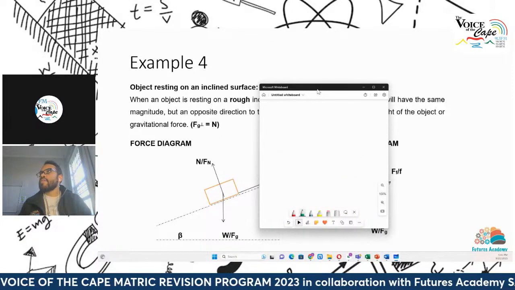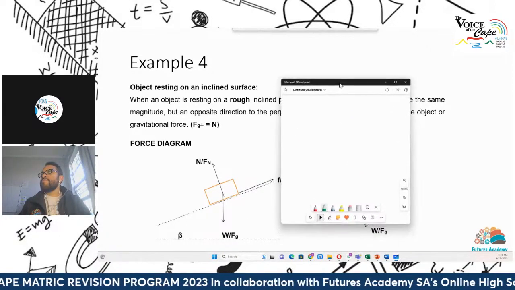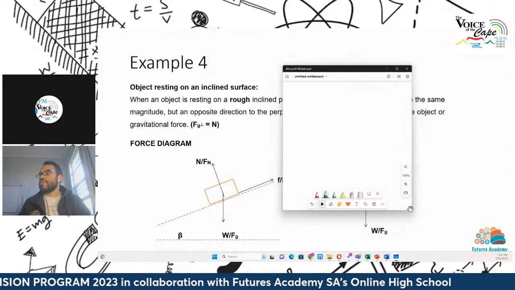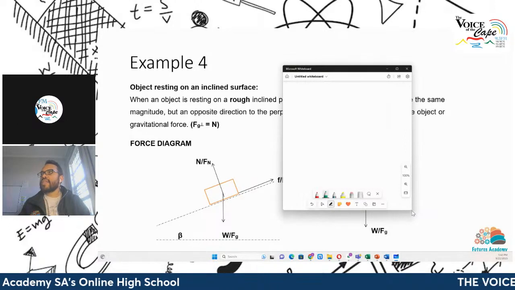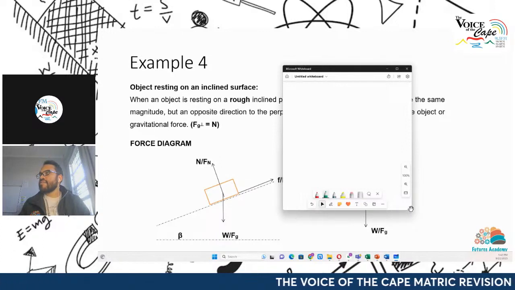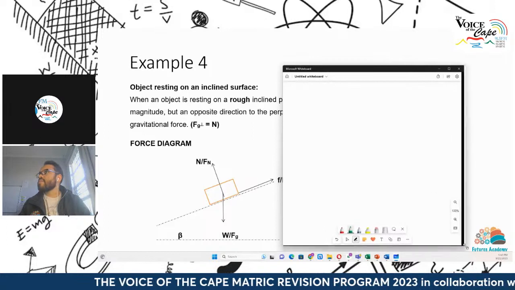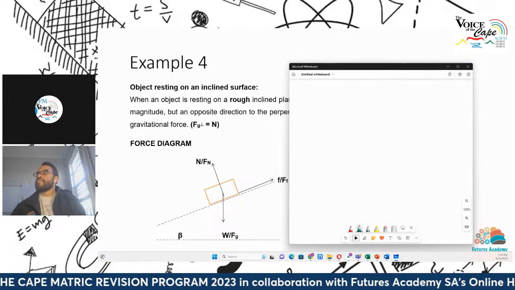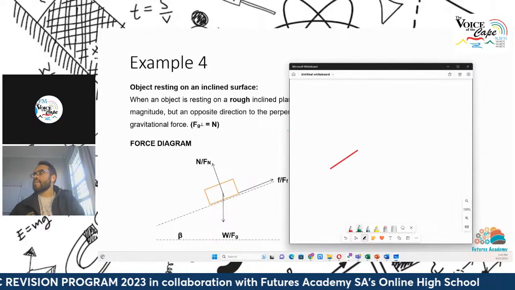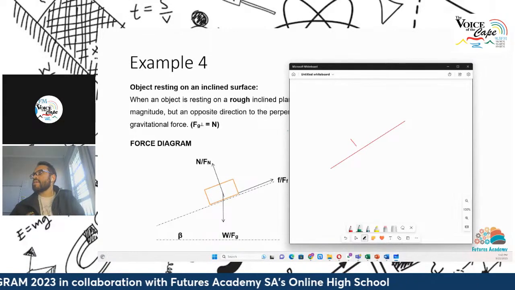Okay, so with a little bit of trigonometric manipulation, you can show that the angle to the horizontal is equivalent to the angle made between the perpendicular component and the weight itself. Let's just make that bigger quickly. And so let's say here's our inclined plane, right? There's our object.